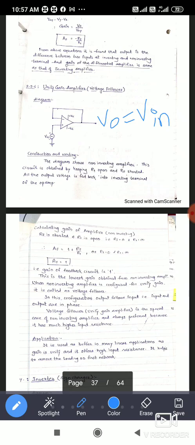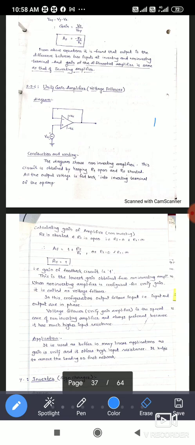Now in this configuration the output follows the input. Whatever input is connected, you get at the output only. So the output V0 is nothing but your input Vin. So both are in phase, with 0 degree phase. There is no inversion because the input is applied at the non-inverting terminal.